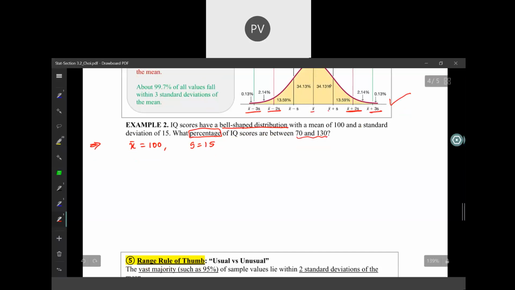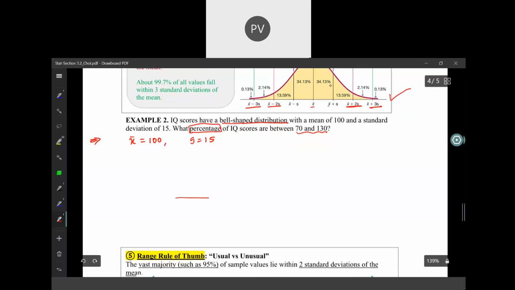Okay. So how can we do that? This is the x bar, which is equal to 100. Now x bar minus s and x bar plus s.